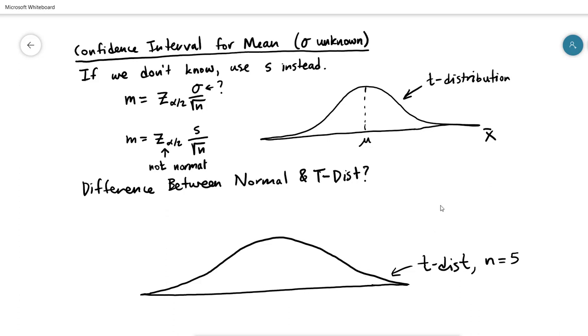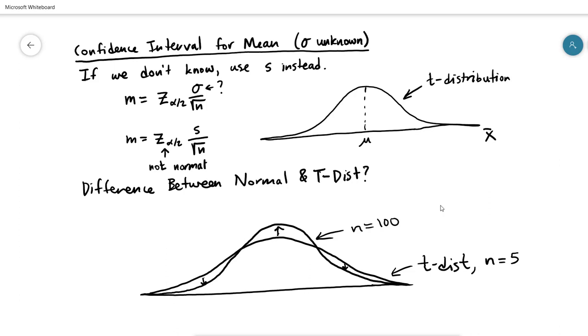As we increase the sample size, we get a different t-distribution that's a bit lower in the tails and higher in the middle. It winds up following a shape like this. So this might be one where n is equal to, I don't know, maybe 100 now. Again, you can see the peak is getting larger and the tails are getting skinnier as the sample size increases.